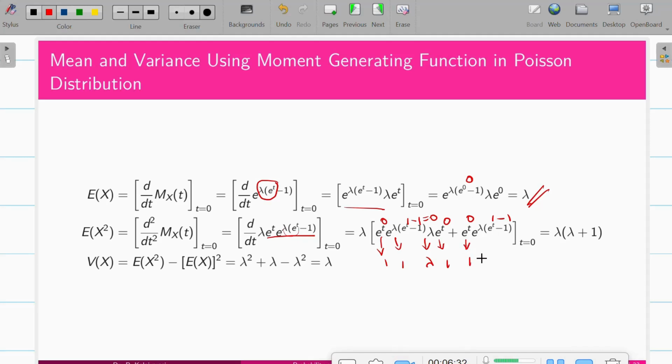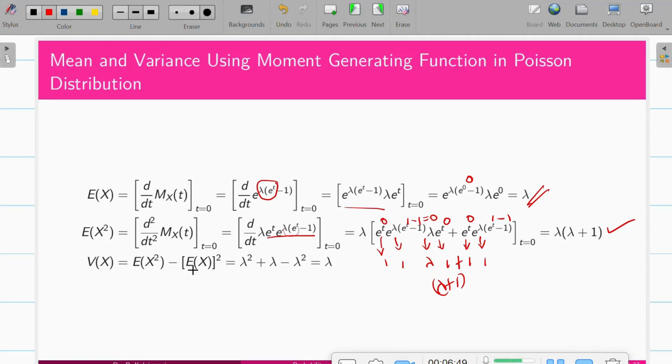So I got lambda plus 1. Already I have lambda, so the expectation of x square in the Poisson distribution is lambda into lambda plus 1.